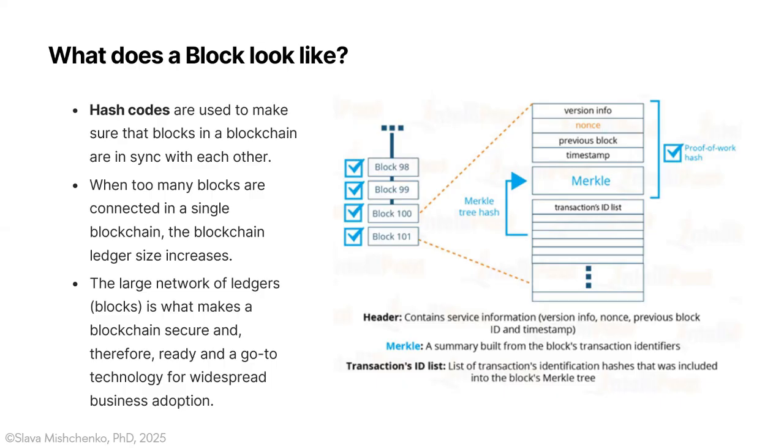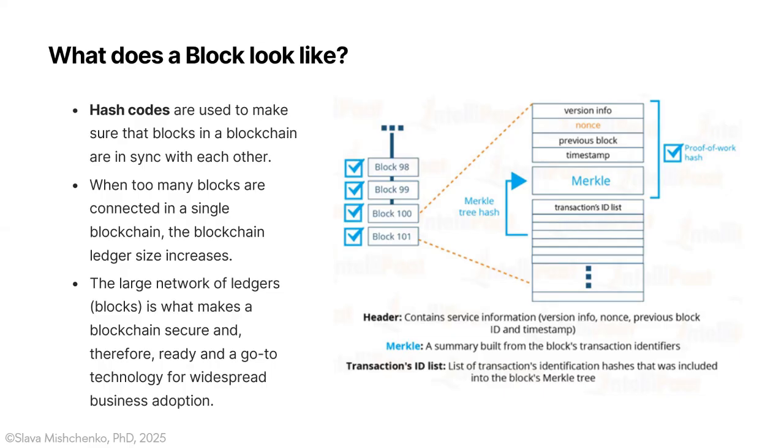And for example, let's zoom in on the structure of a single block shown on the right. You can see here that every block has three main components: a header, a Merkle tree hash, and a transaction ID list.